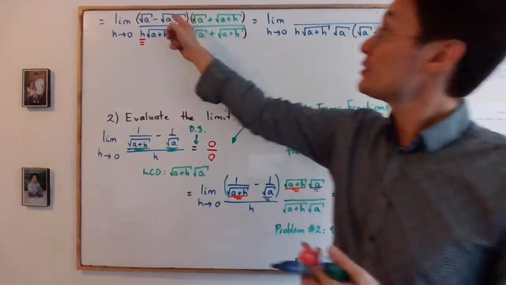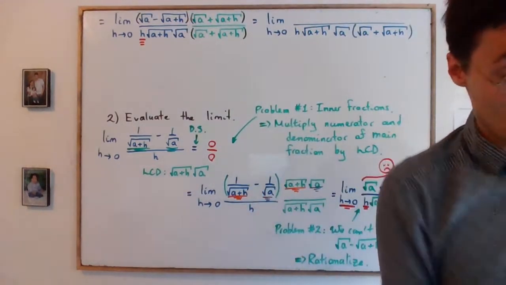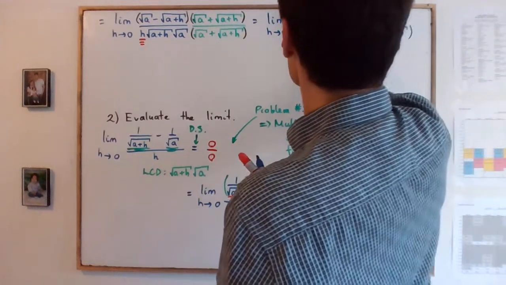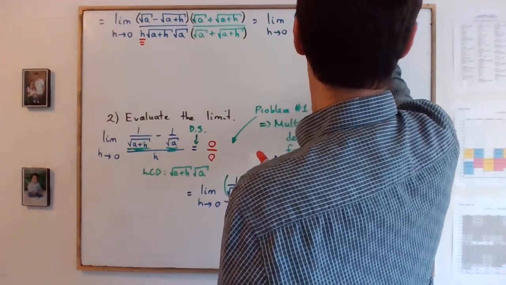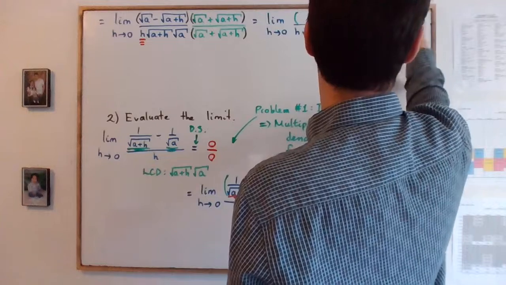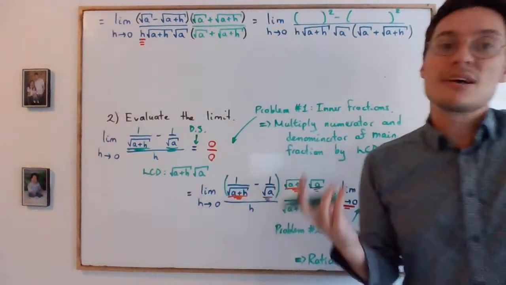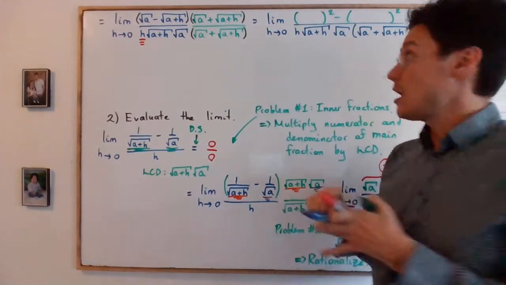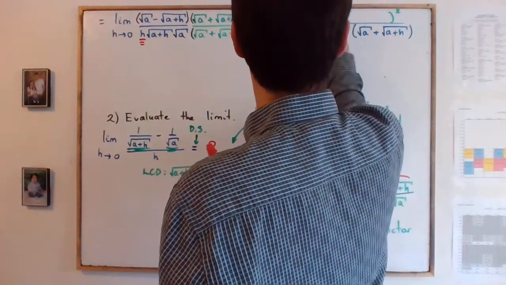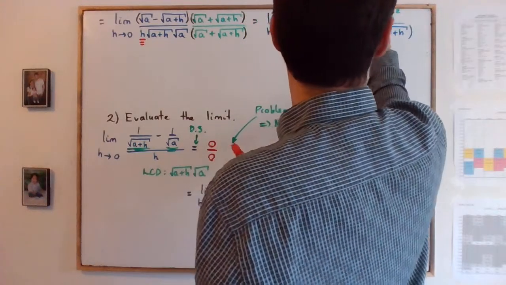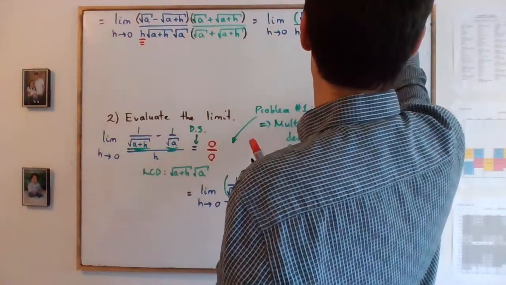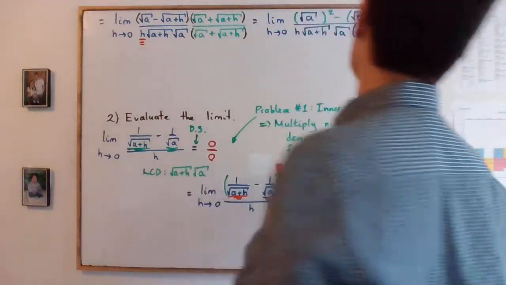But the top turns into the difference of squares. So it turns into something squared minus something else squared. And obviously that something and that something else are the two terms. So the square root of a and the square root of a plus h.